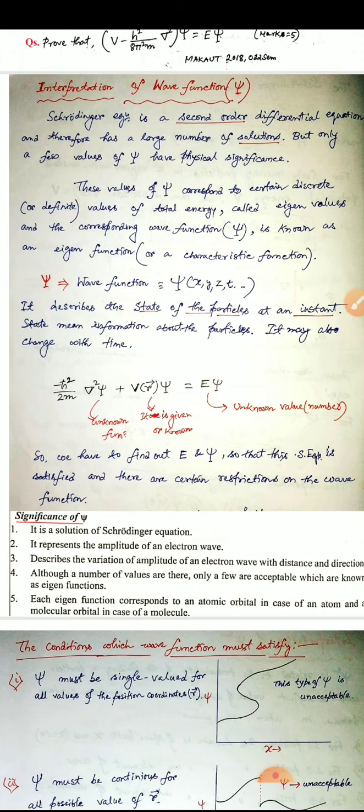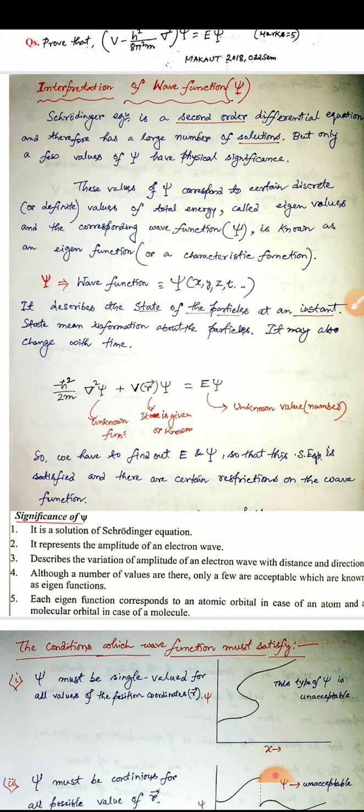Now each eigenfunction corresponds to an atomic orbital. Again, listen very carefully. Each eigenfunction obtained from a second order differential equation, or the Schrödinger equation, provides an atomic orbital in the case of an atom and a molecular orbital in the case of a molecule.